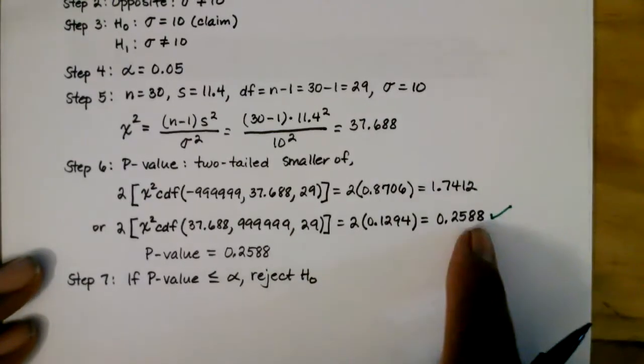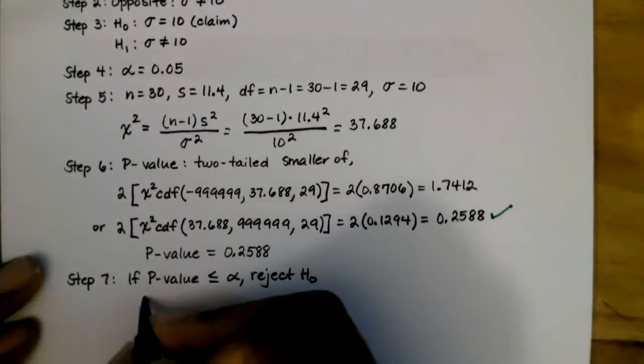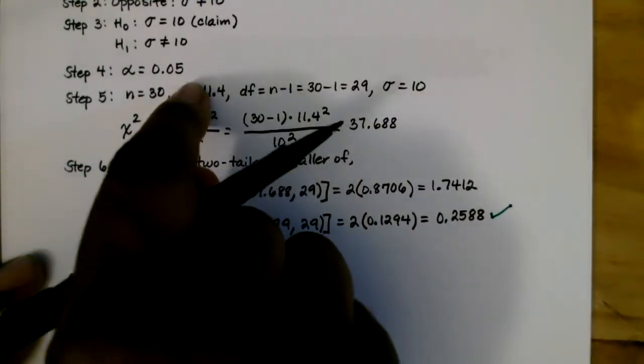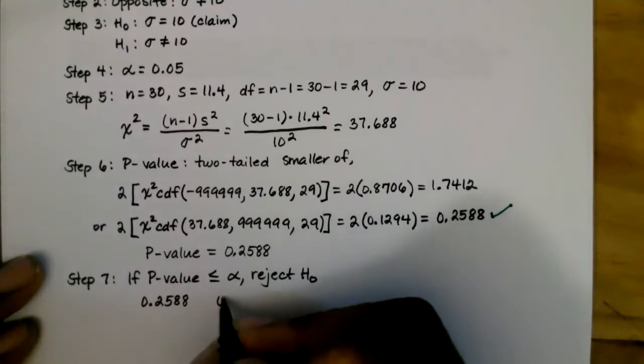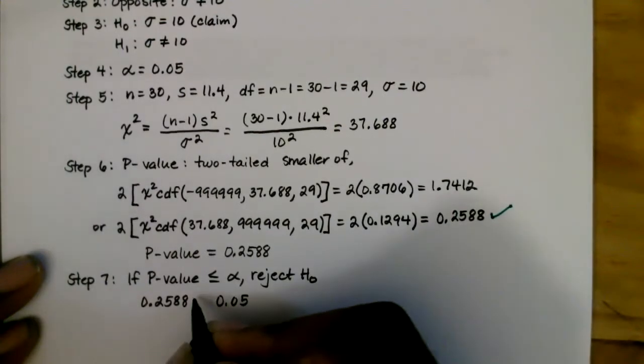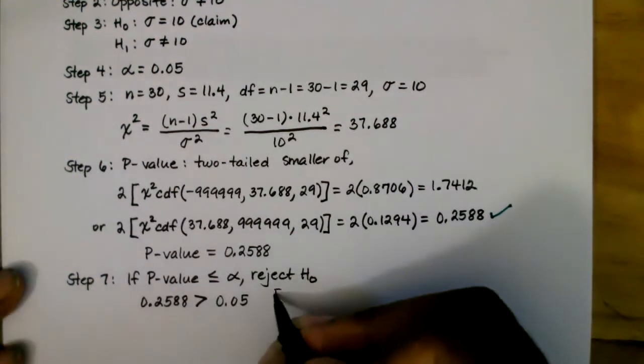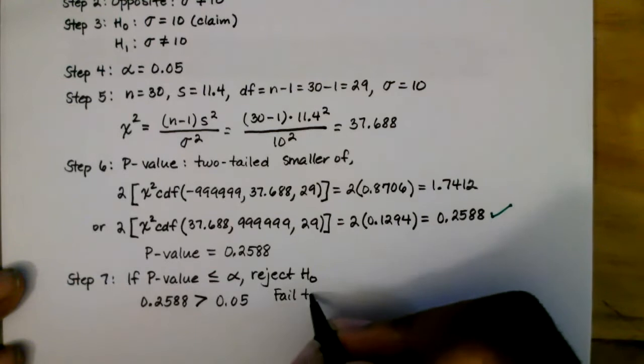Now, the p-value is that 0.2588, and my alpha level from step number 4 is 0.05. As you can see, 0.2588 is greater than 0.05. So this does not satisfy the decision rule. So that means I need to fail to reject the null hypothesis.